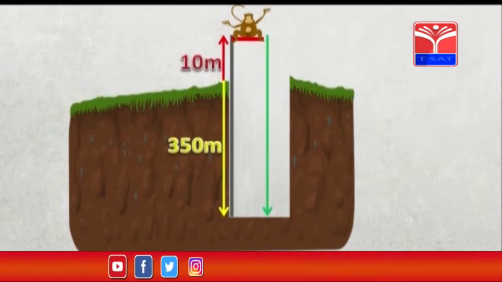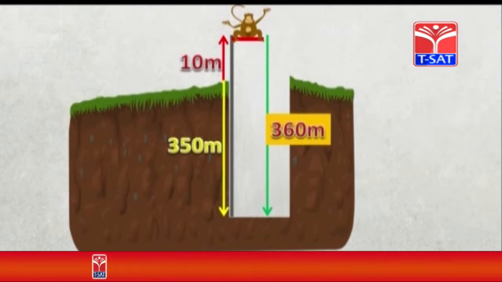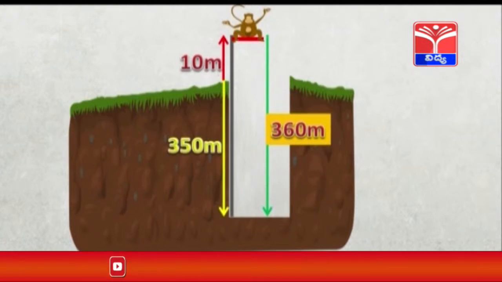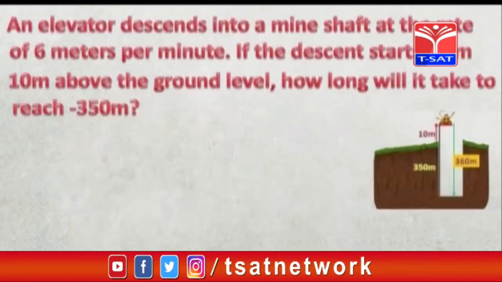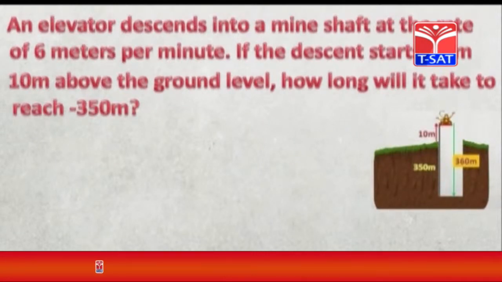It is 10 meters plus 350 meters, that is 360 meters depth. That is, the monkey from its initial position, that is 10 meters above the ground level, is going 360 meters down.